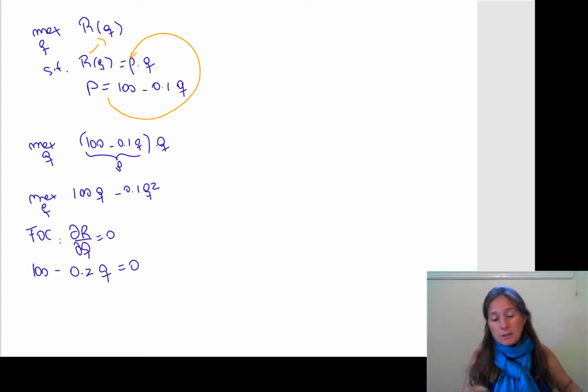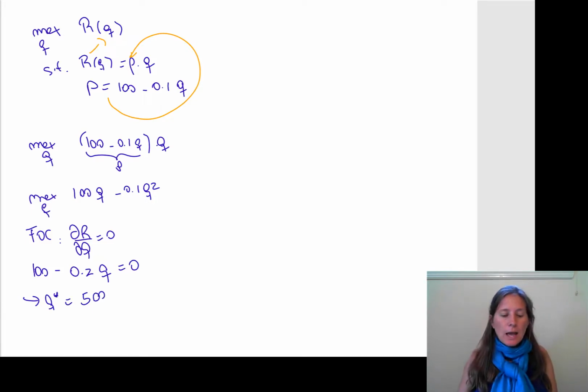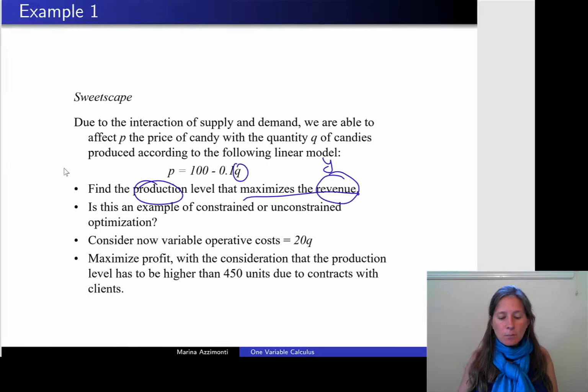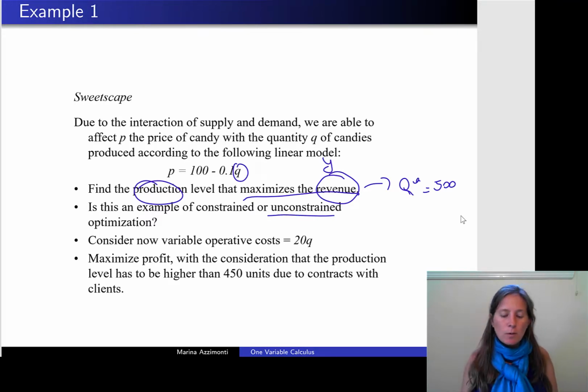This is an unconstrained problem, so there's nothing to worry about at the moment. So what is our Q star? Our Q star is going to be 500. So we've solved it. Our Q star is equal to 500, and this is an unconstrained problem.